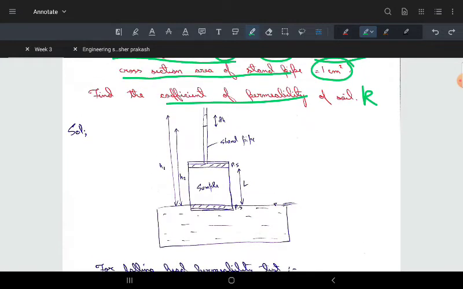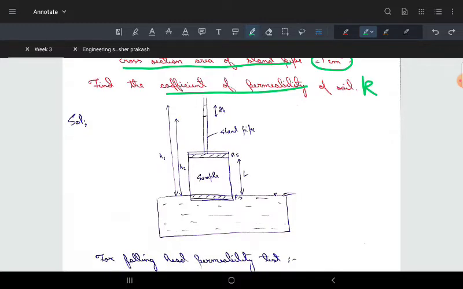The figure here is the general overview of the falling head permeability test. Here we have the sample, and this is the discharge, where the water moves out. This is the standpipe, the main thing here.